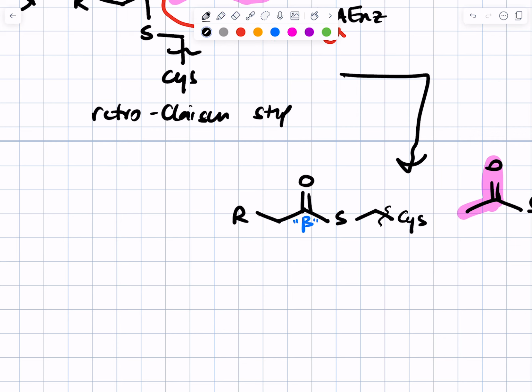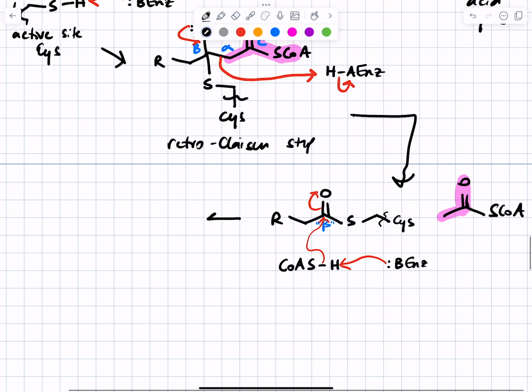to basically liberate the truncated fatty acid from the enzyme. We'll do that using the coenzyme A thiol as a nucleophile. Some base from the enzyme removes the proton from coenzyme A, which attacks this carbonyl carbon. This is just nucleophilic acyl substitution. You're going to get this tetrahedral intermediate where the coenzyme A thiol is linked to the carbonyl carbon.